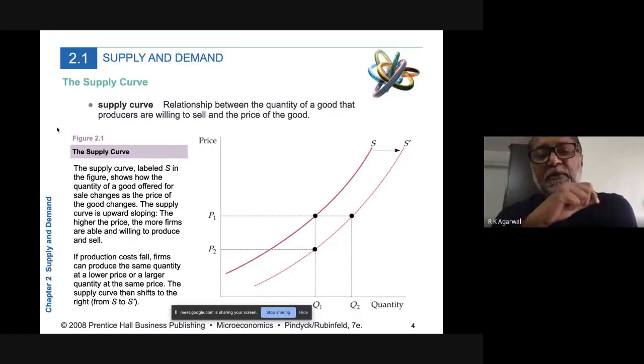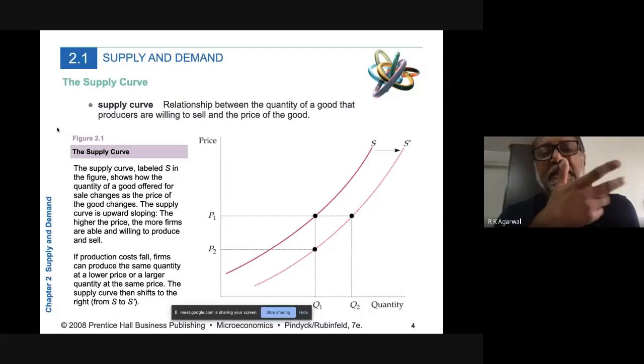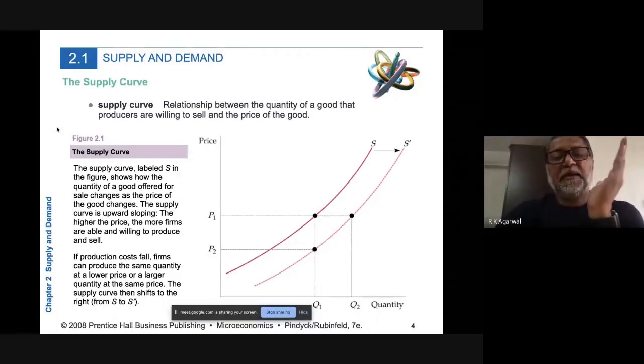For example, if the price per unit is 10 rupees, then how many units will be supplied by the producer? If the price is 15 rupees, then how many units will be supplied by the producer? So you should always remember that supply and the supply curve are two different things.